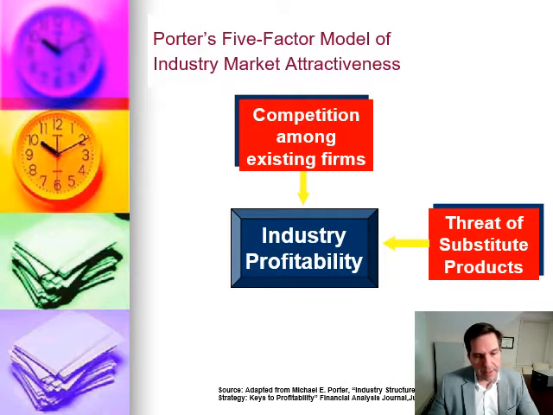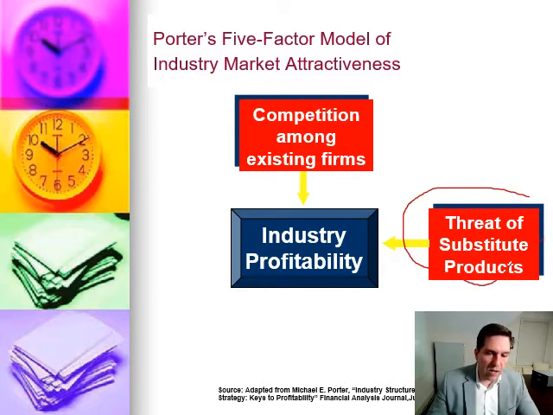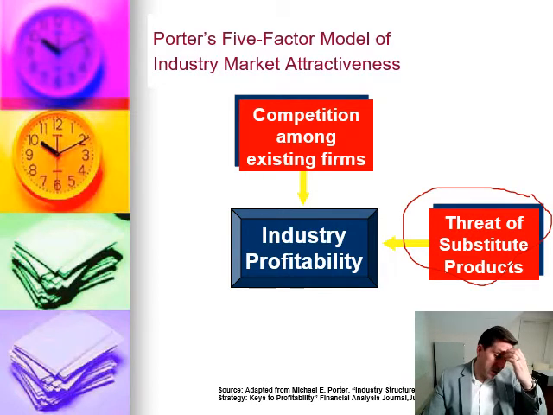Things like aspirin, which I think is salicylic acid. Anyway, there is a whole host of different products that you can substitute from. In fact, if you go to a doctor, they'll tell you take this or that. They will not necessarily prescribe you ibuprofen versus acetaminophen. So when there are substitutes, like in the case that I'm discussing of over-the-counter analgesics, the profitability of the industry is going to be lower.